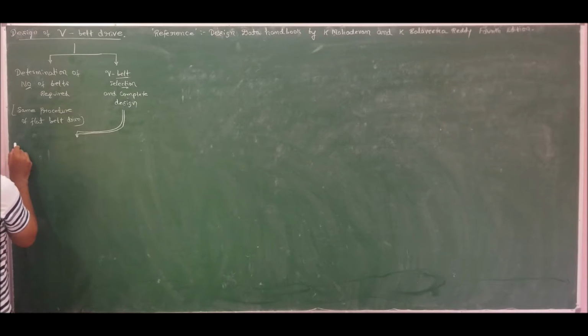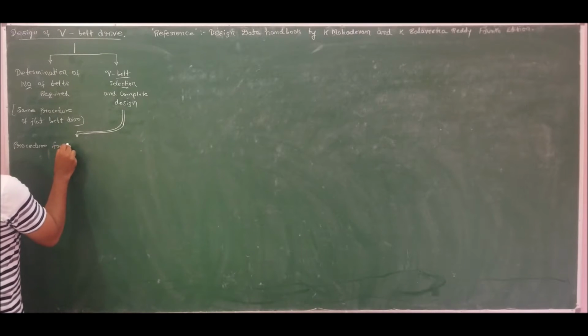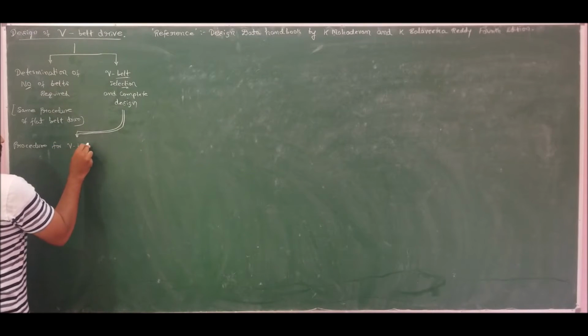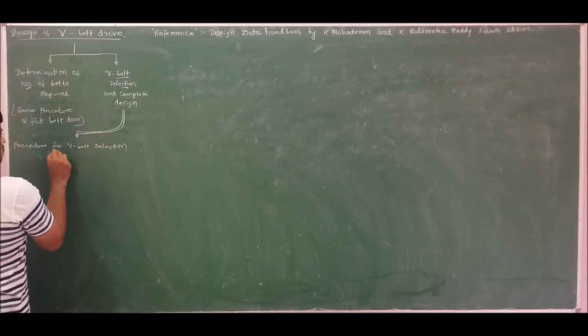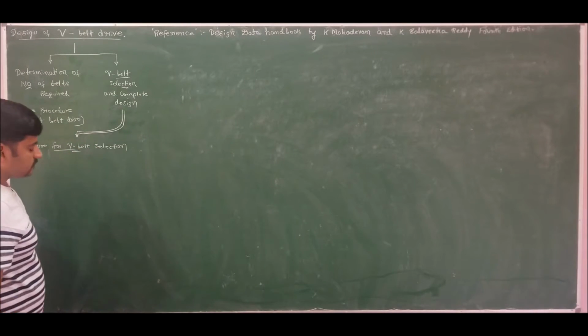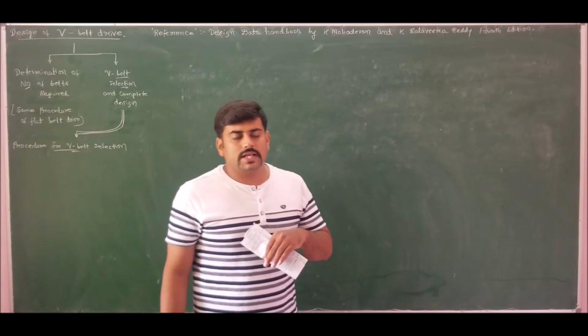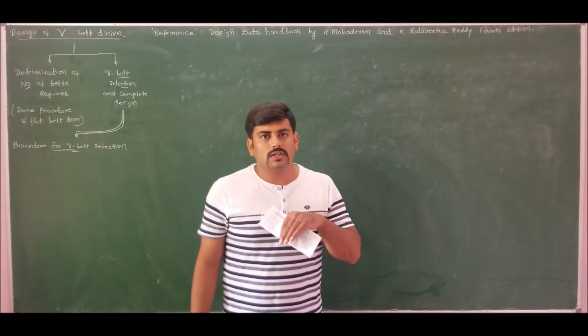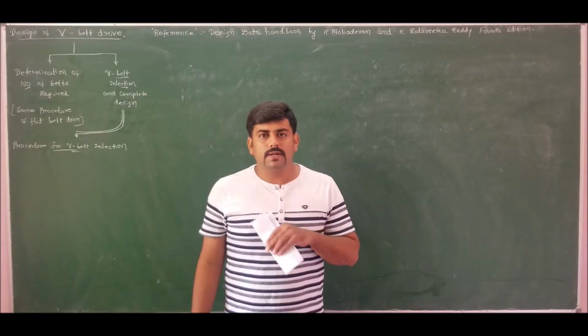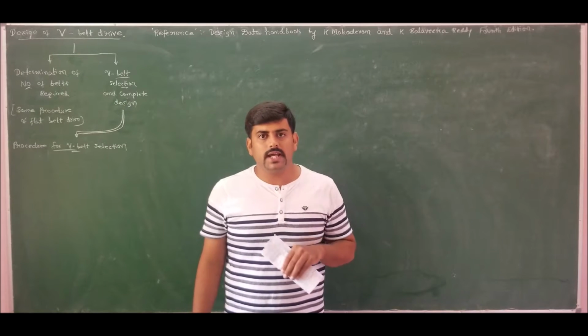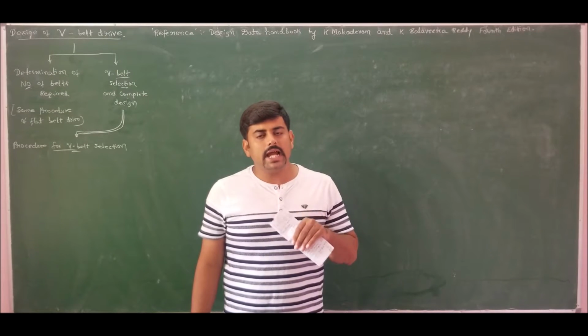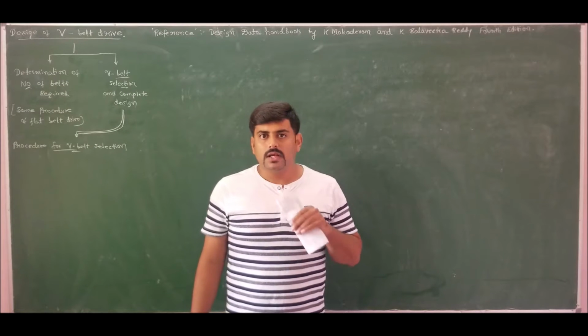Coming to the procedure for V-belt selection. In case of V-belts, we specify the belt based on the cross section of the belt. Based on the cross section, we classify the V-belts as A, B, C, D and E type belts.